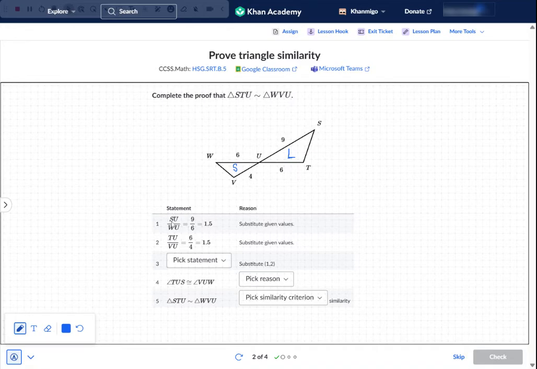Okay, SU, so they're going large divided by small, WU. So large SU divided by WU, 9 over 6 is 1.5. TU, again, large over small. The reason we have to label this, notice from the last problem, it was small over large.